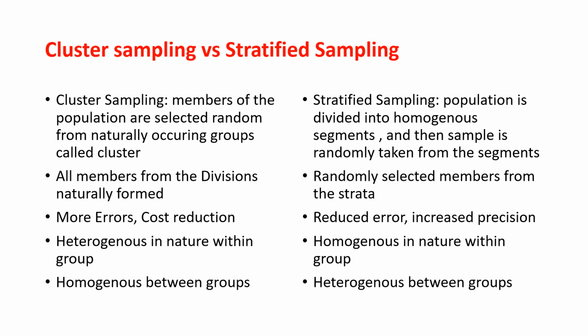All members from the divisions naturally formed in cluster sampling, and in stratified sampling, randomly selected members from the strata. Cluster sampling involves more errors, reduced cost, and stratified involves reduced error but increased precision.